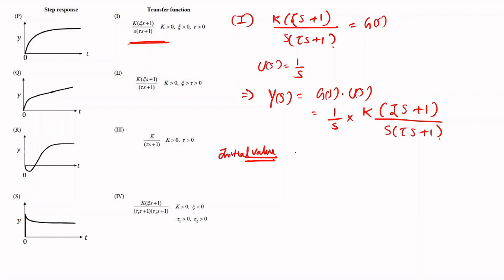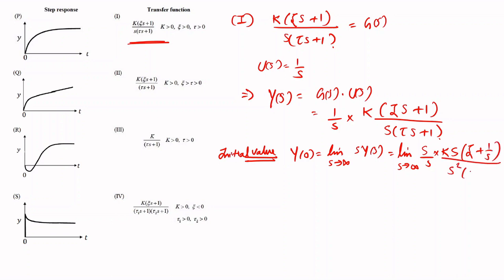According to the initial value theorem, y of 0 is the limit s tends to infinity of s times Y of s. So that will become limit s tends to infinity of s upon s into k. Now from this term we take s common. It is (zeta plus 1 upon s) upon s square tau into 1 upon s. So this will get cancelled out.